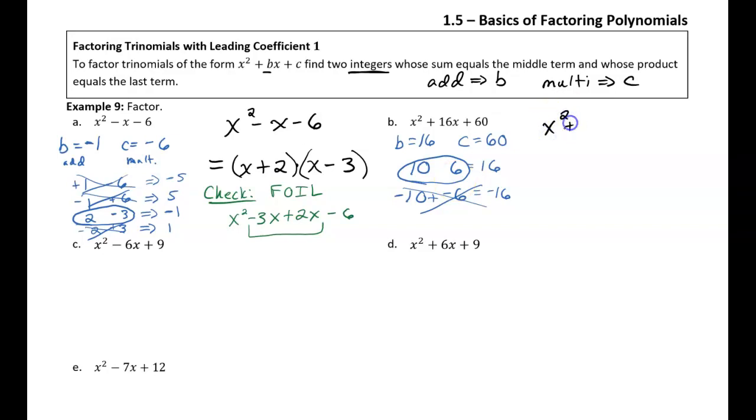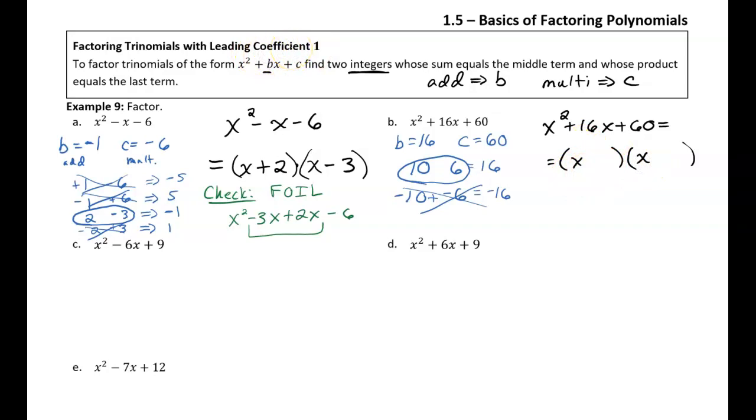So I have x squared plus 16x plus 60 is equal to, let me set up my parentheses. x times x is what gives me that x squared, right? And that's important. That's why we're looking at just a leading coefficient of 1. That's how we know it's always going to be x times x.